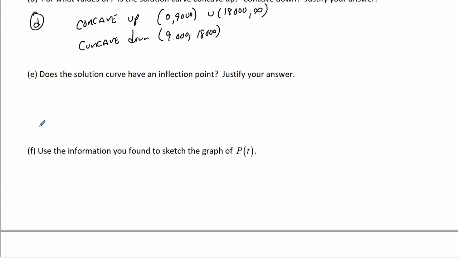Concave up, concave down. Does the solution curve have an inflection point? Sure. Yes, there's going to be one, at p equals 9,000, because concavity changes.